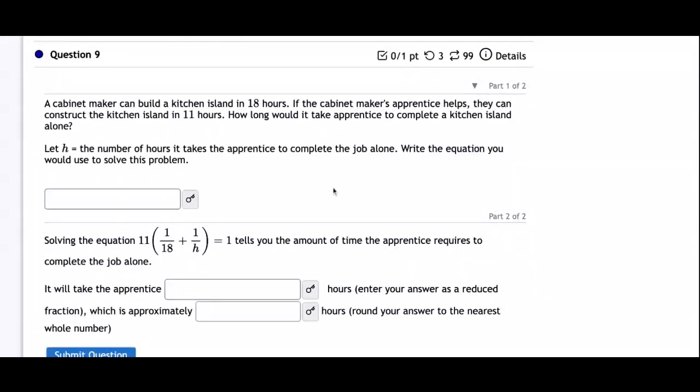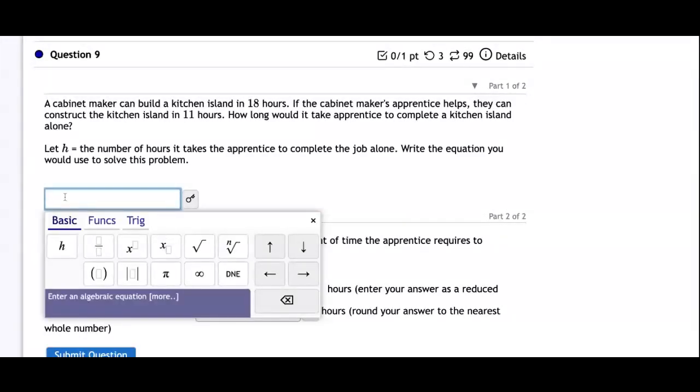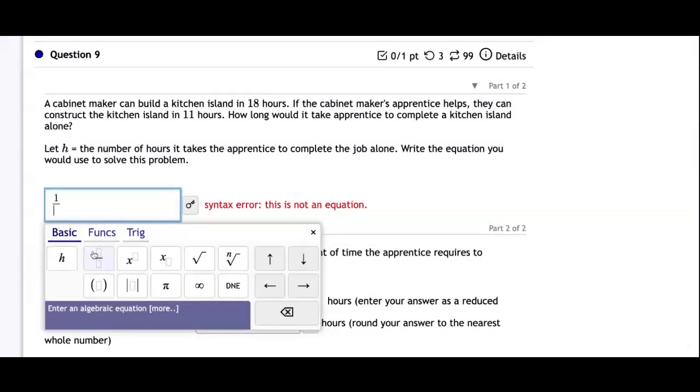Question 9 says a cabinet maker can build a kitchen island in 18 hours. So the cabinet maker's speed is 1/18. Remember the work done. If the cabinet maker's apprentice helps, they can construct the kitchen island in 11 hours. So if they work together, that's 1/11, right?